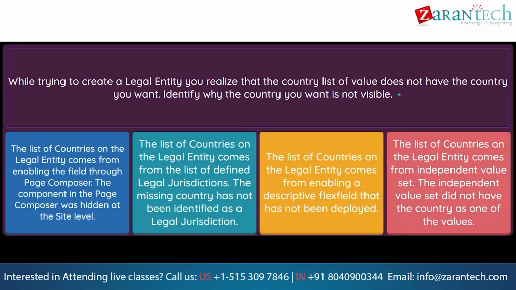Question. While trying to create a legal entity, you realize that the country list of value does not have the country you want. Identify why the country you want is not visible. Option 1. The list of countries on the legal entity comes from enabling the field through Page Composer. The component in the Page Composer was hidden at the site level. Option 2. The list of countries on the legal entity comes from the list of defined legal jurisdictions.